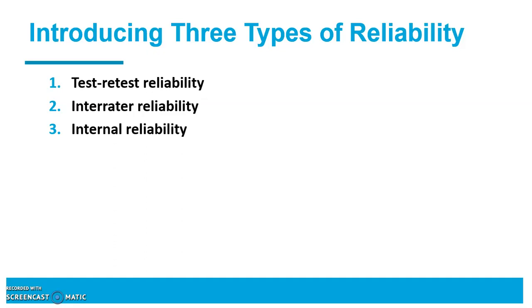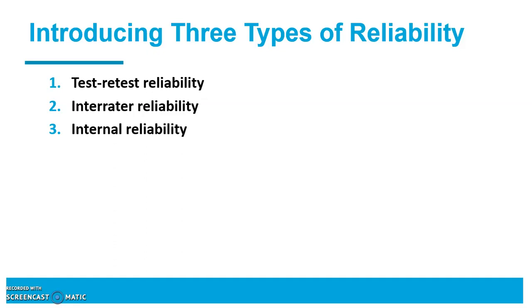Inter-rater reliability is if you have different raters observing a behavior, or maybe measuring something like head circumference, then if there's good inter-rater reliability, it doesn't matter who does the measurement. It always turns out to be about the same. Okay.